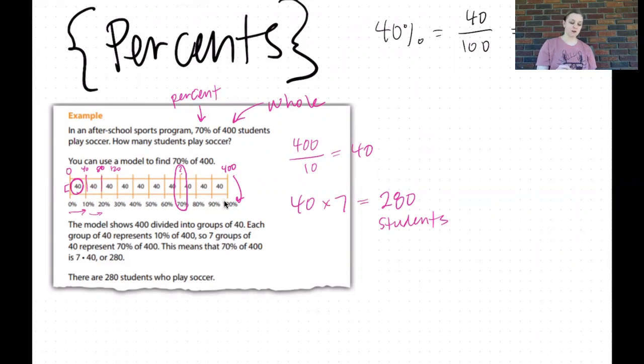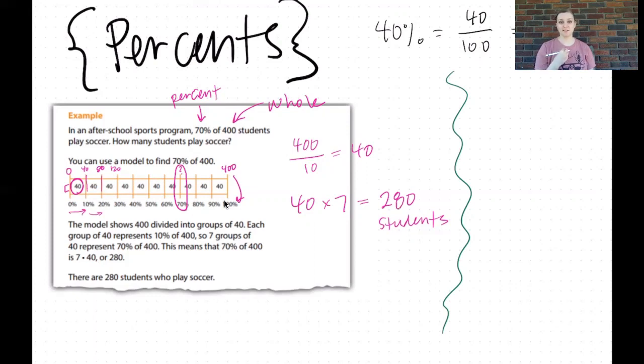Okay, the other way that you could look at this, and I'm gonna kind of draw a little line here. Another way that you could think about this is, if it is 70% of 400, think to yourself for a second, what does of mean? When I see the word of, what operation am I doing? Okay, you should know this.